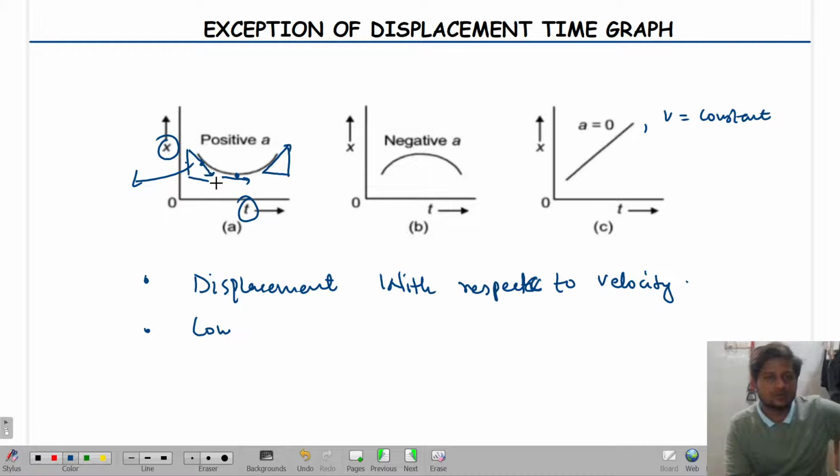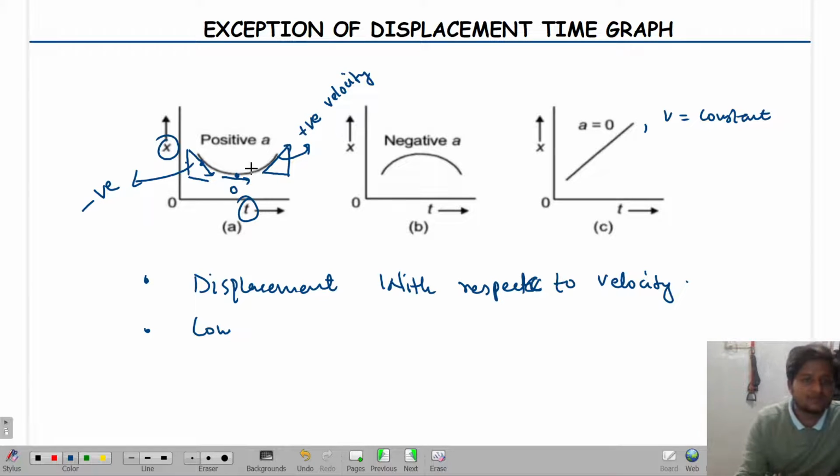So this slope tells you that I have a negative velocity, then a 0 velocity. Then here, since the slope becomes positive, that means I have a positive velocity, guys. So can I say that this is a kind of positive acceleration? Why? Because you have a negative velocity initially, then a 0 velocity, then it is getting a positive velocity. Understood or not? So this is an example of positive acceleration.